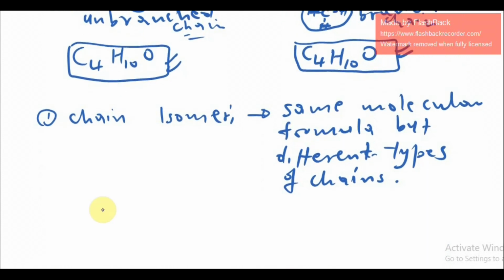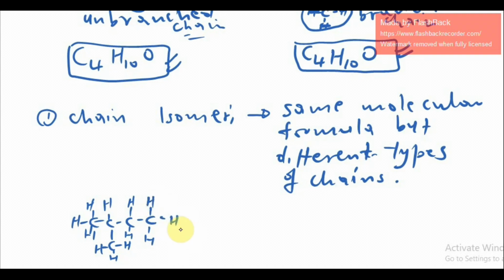Okay. Another example of a chain isomer is 1, 2, 3, 4. So we have a branch here. We have a branch here. Hydrogen, hydrogen, hydrogen, hydrogen, hydrogen, hydrogen, hydrogen. Let's say this is a bromine, Br.